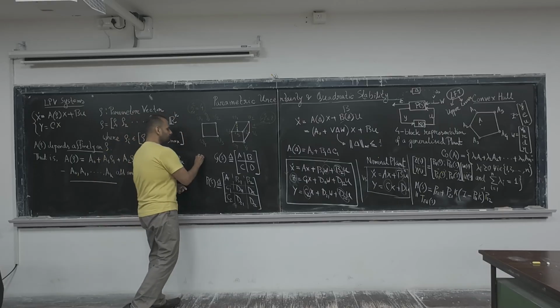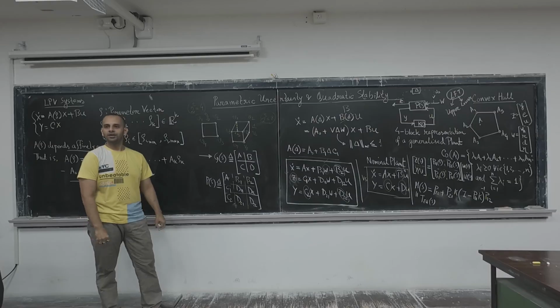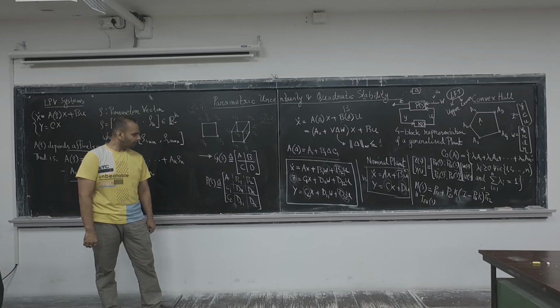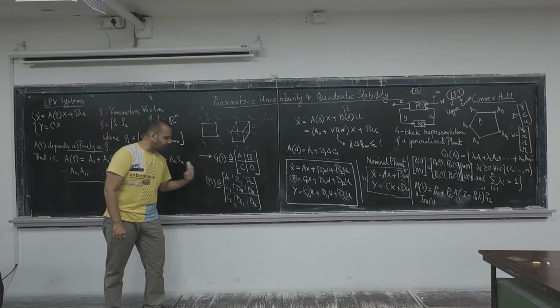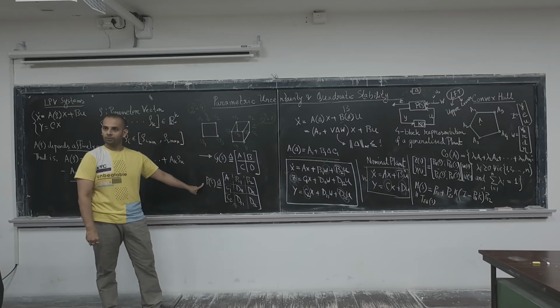If you concentrate on the first notation, by definition G(s) equals C into (sI minus A) inverse into B plus D. Accordingly, here this whole thing is P(s), which has four components, P11, P12, P21, P22.